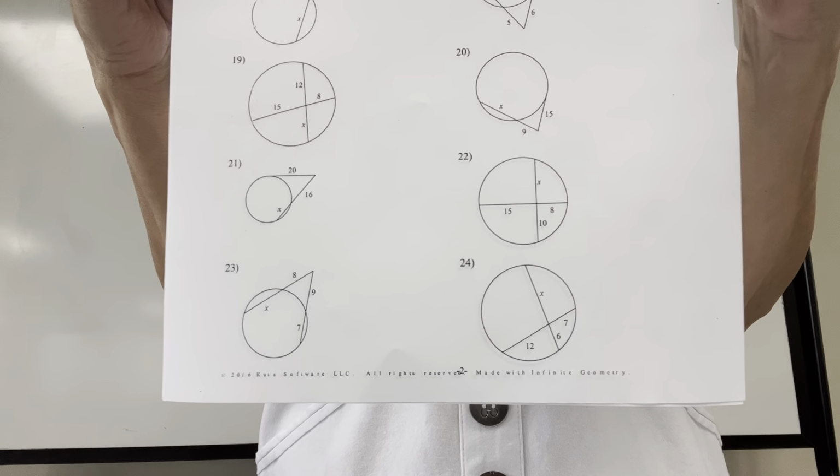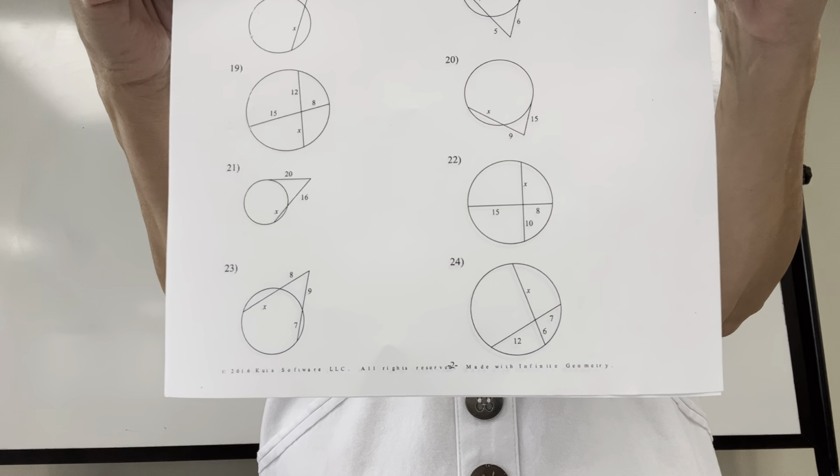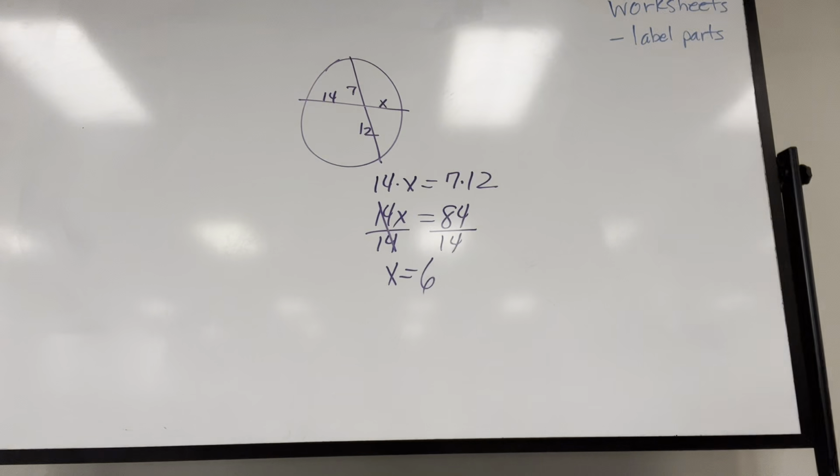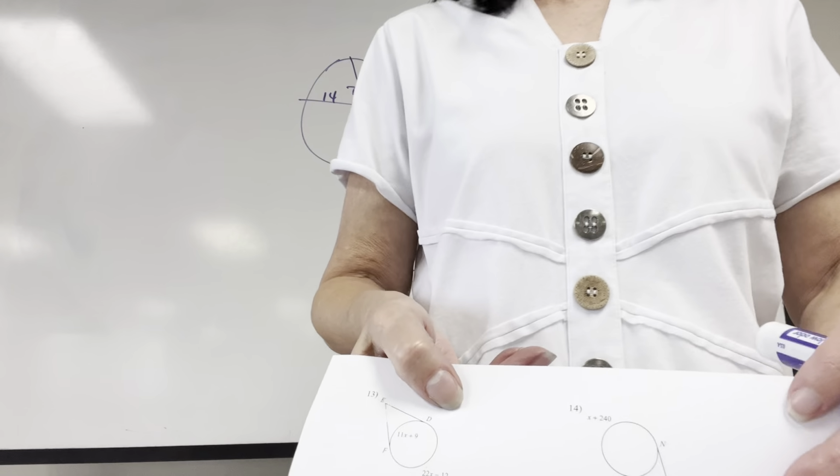Do y'all have it? I feel like I'm doing this wrong. The pieces equals 12 times X. So 15 times 8 equals 12 times X. Yes, ma'am.